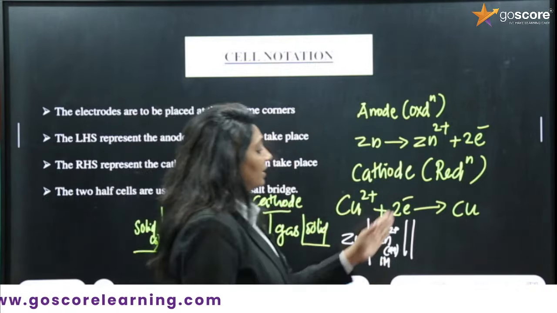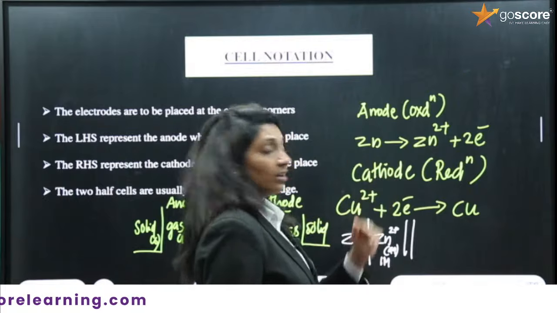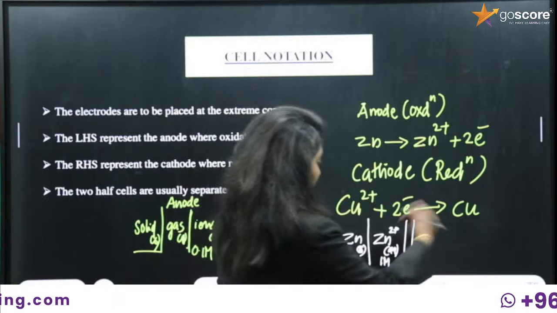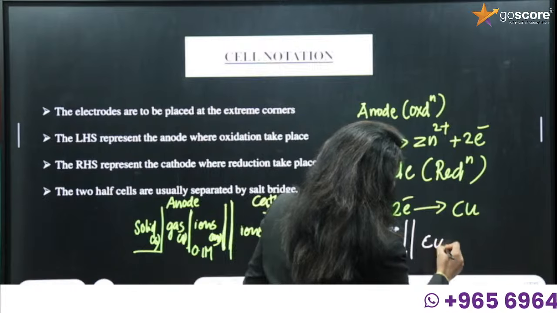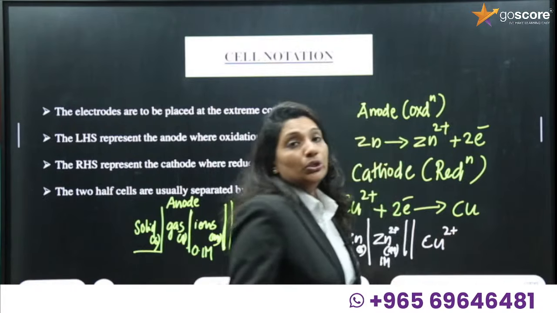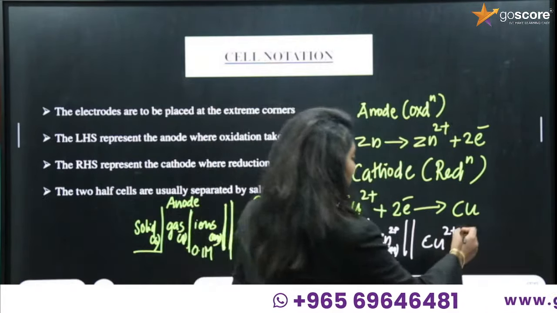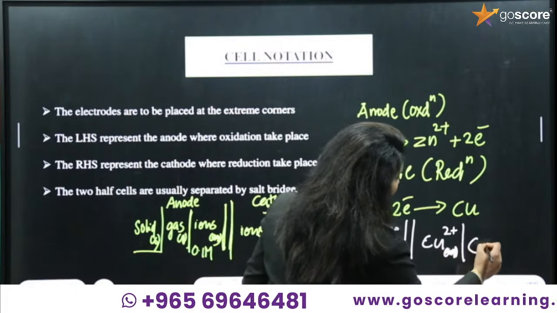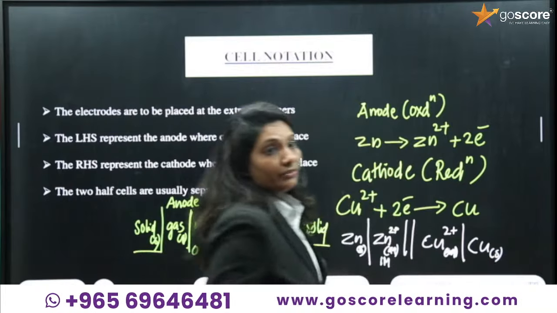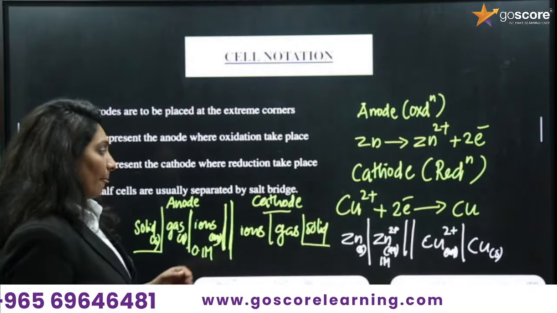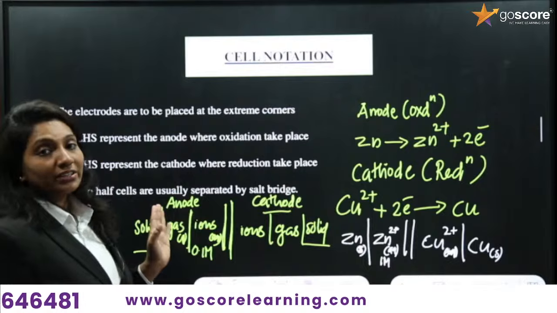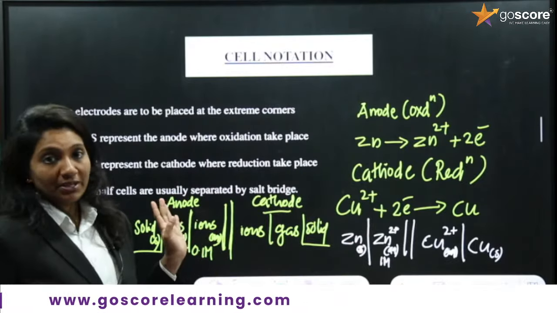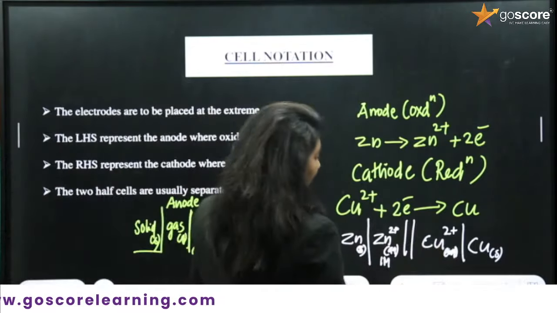Okay. And on the right hand side, we have to mention the cathode, right? So the same way for the cathode also, it will be Cu2+ ions in the aqueous form plus copper solid, right? So this is the cell notation, or the representation of the galvanic cell, right?